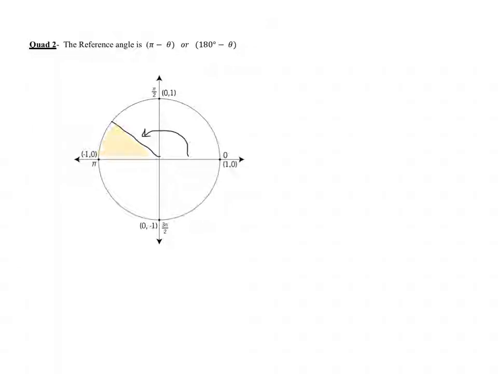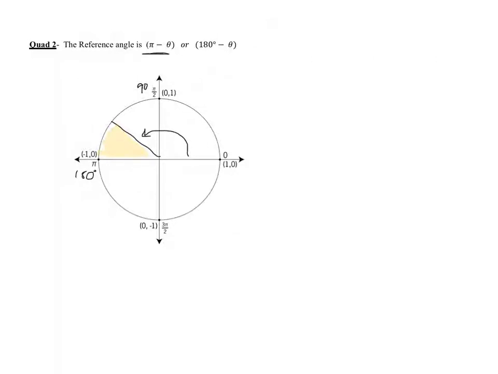Now let's look at quadrant 2. Quadrant 2 is between pi over 2, which remember is 90 degrees, and pi, remember, is also 180 degrees. Okay, so the angle has not gone quite the whole 180 degrees, or pi. So to find the reference angle here, we basically can go to pi, and we can subtract off my angle, and whatever's left over will be my reference angle.